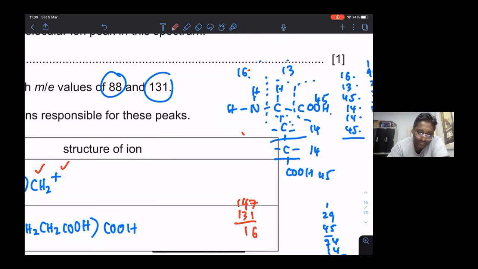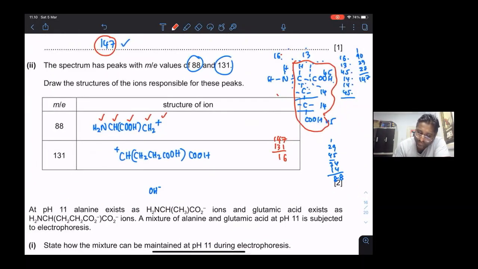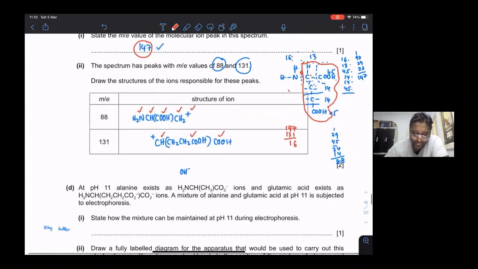You just need to draw from here all the way to here: CH, CH2, CH2, COOH, and then plus, because this is plus here. So that is going to be the structure of the ion responsible.